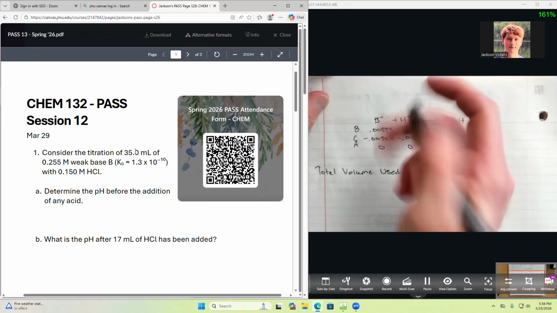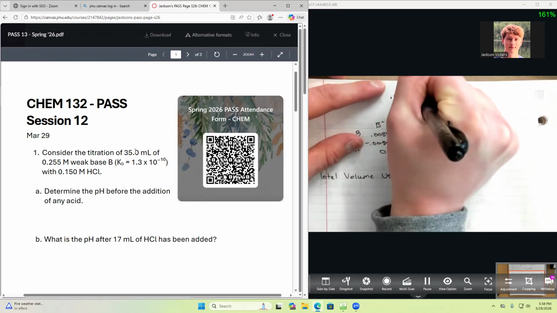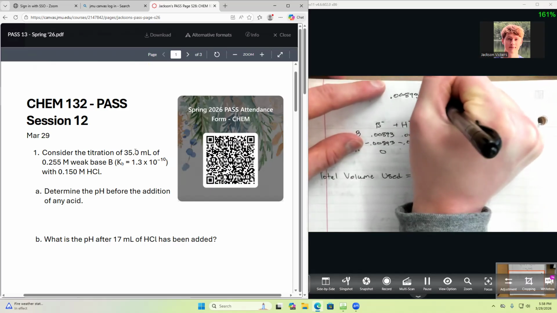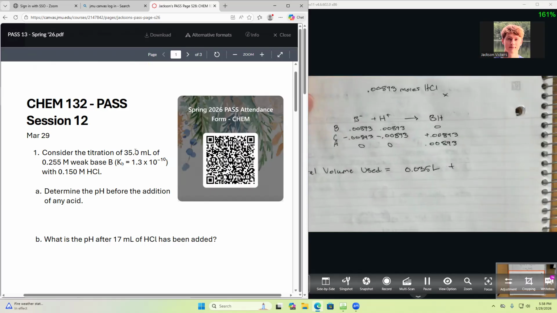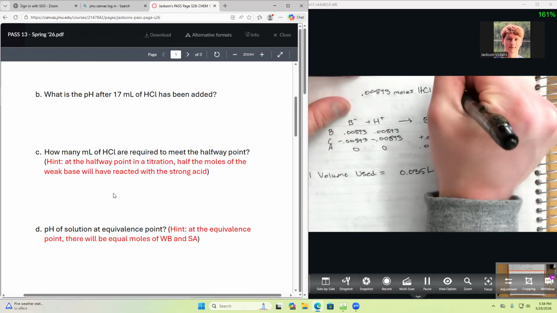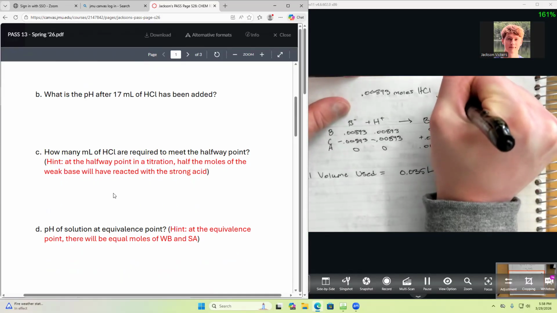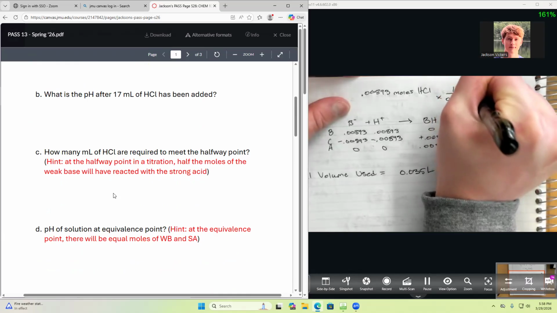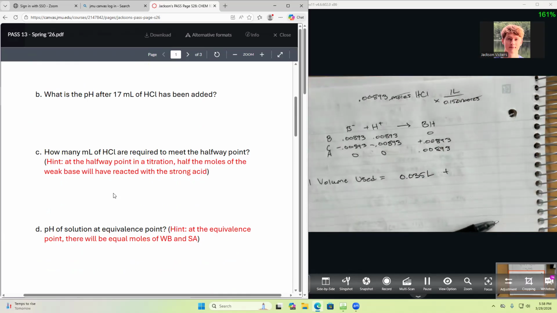So that's going to look like this, where we have 0.00893 moles of our strong acid, that HCl. And we're going to flip the molarity upside down. It was 0.15 that's told to us in the problem. Let me scroll down, sorry. So we can cancel out moles. And let's see what that gets us.